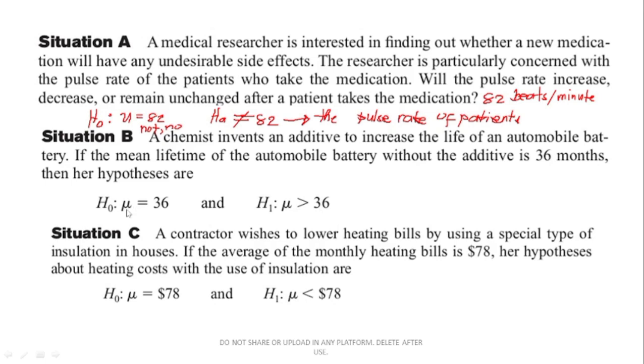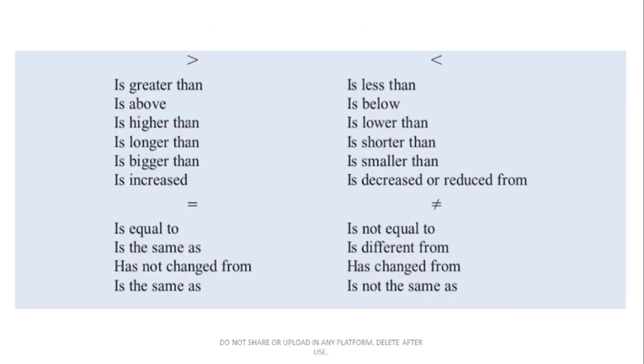Dito naman sa null hypothesis natin, the mean lifetime of automobile battery does not change, or the mean lifetime of the battery is equal to 36 months. So, kapag ang gustong patunayan ng researcher ay kung magi-increase or greater or tataas yung mean or yung average ng ini-study niya, that is called right-tailed test.